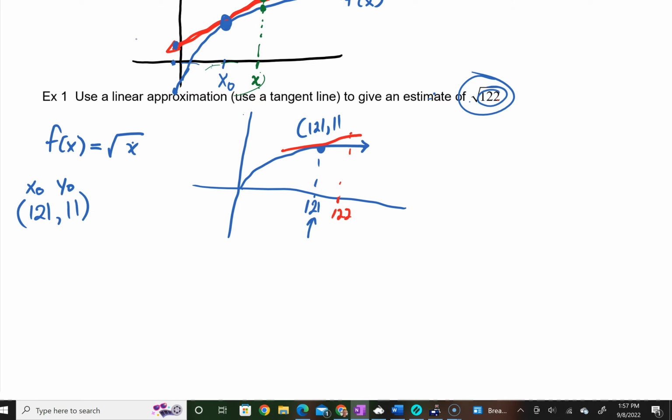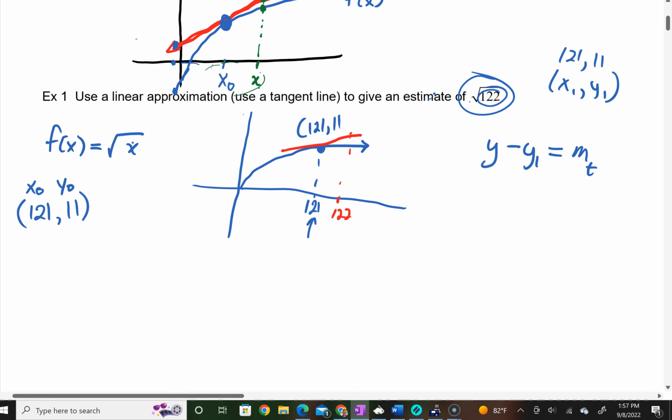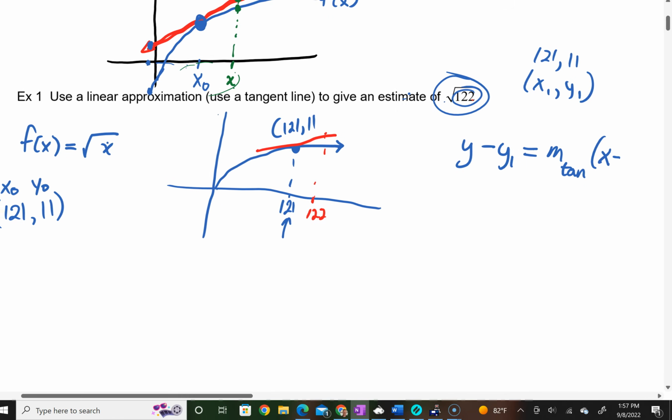Well, let's remember what's happening for the equation of a tangent line. We need two things. We need a point. By the way, you've got that point. You've got 121 and you've got 11. So that's great. You're also going to need the slope of the tangent line.